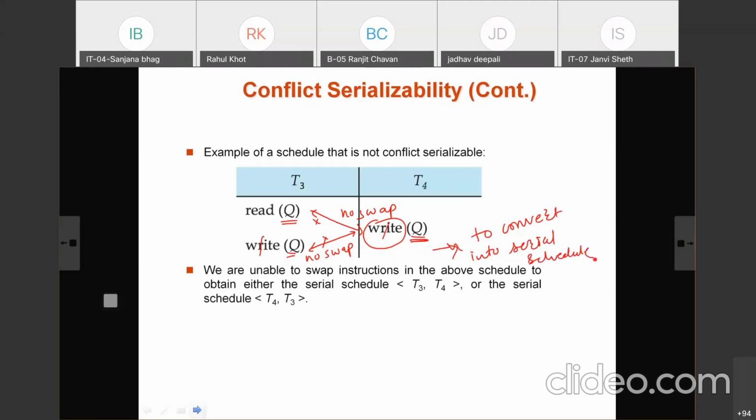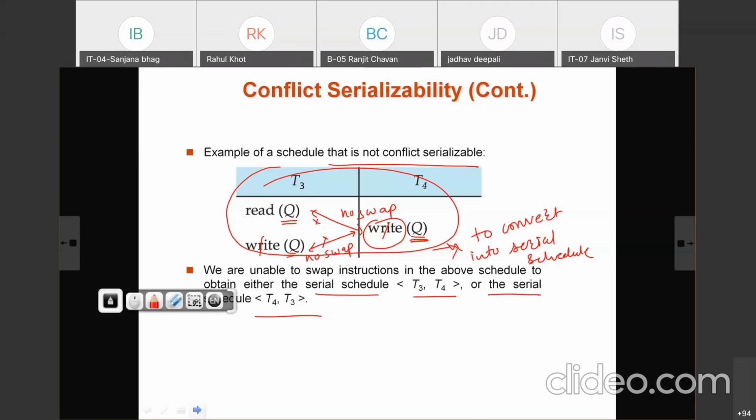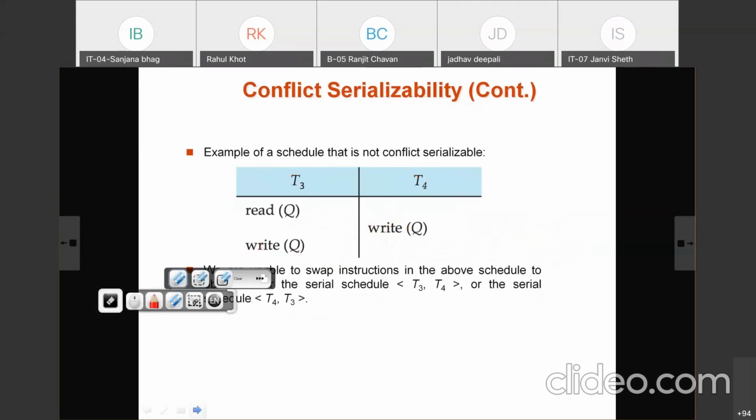That's why the given schedule is not conflict serializable. Why? Because the above schedule is not converted into the serial schedule T3, T4 or T4, T3. It is not possible. So I think everyone is clear with conflict serializability, so we can move towards the next part, that is view serializability.